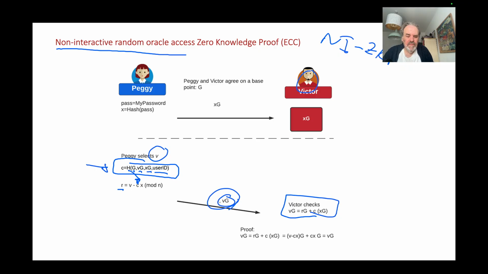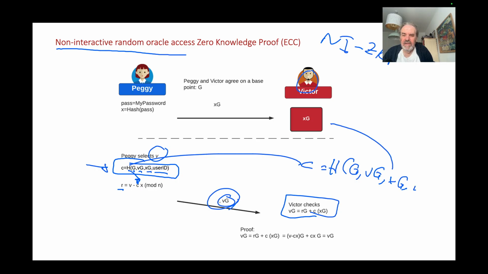Then it's fairly simple. Victor will be able to recalculate the value of C from G, which he knows. He's received VG. He knows XG from here, and he knows Alice's user ID. So once he computes that, he takes the previous value of XG and of RG here, taking the value of R and then multiplying it by the base point G, and he will check that that is equal to the VG value.